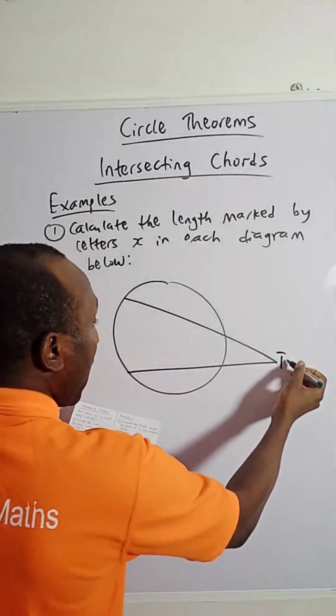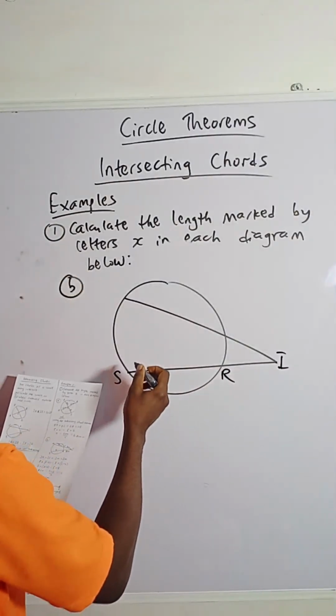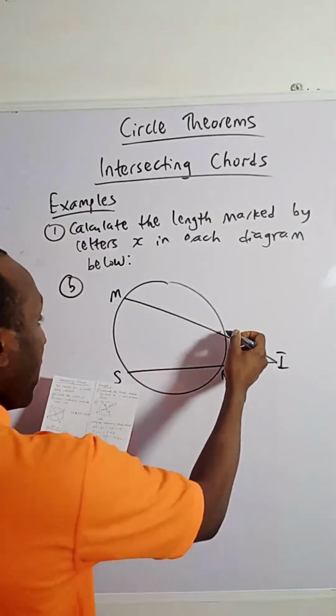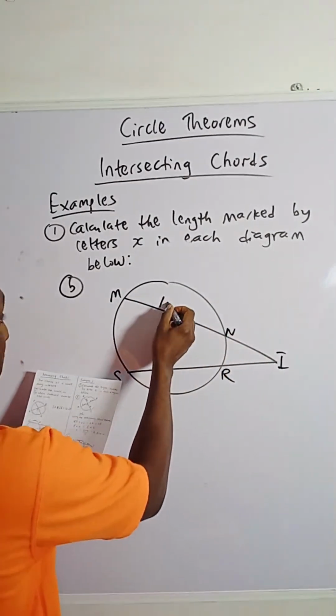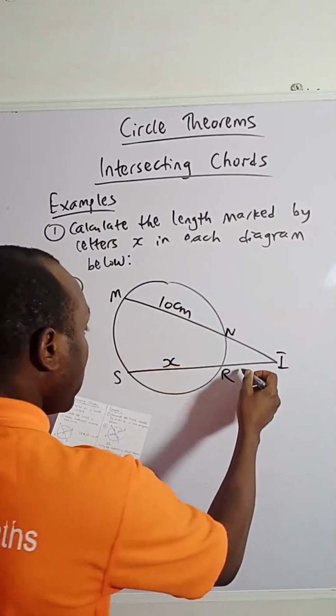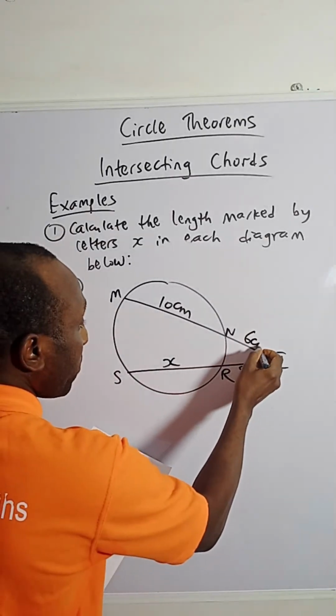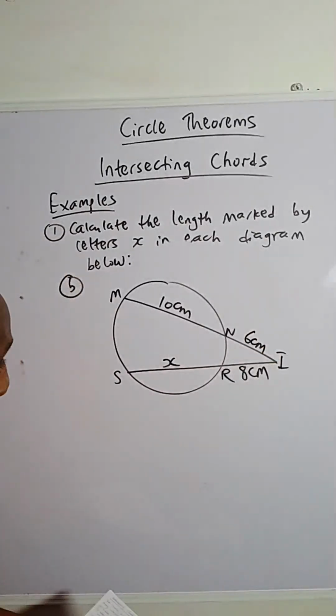This is I, this is R, this is S, this is M, this is N. This is 10 centimeters. This is X. And this is 8 centimeters. This is 6 centimeters.